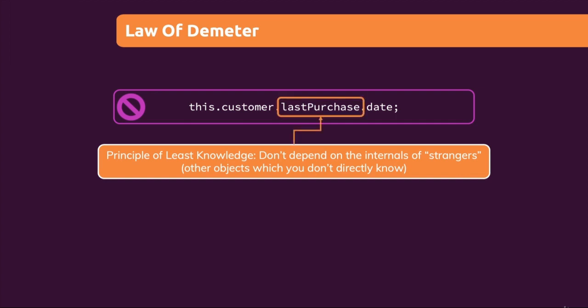We access it indirectly through customer, and we shouldn't drill deeper into that. Now, why shouldn't we do that? Well, because whenever something changes about the internal structure of last purchase, all our code in this place where we have this line of code needs to change as well. And that then makes your code harder to extend and maintain, because simple changes can result in a lot of changes in a lot of places of your application.